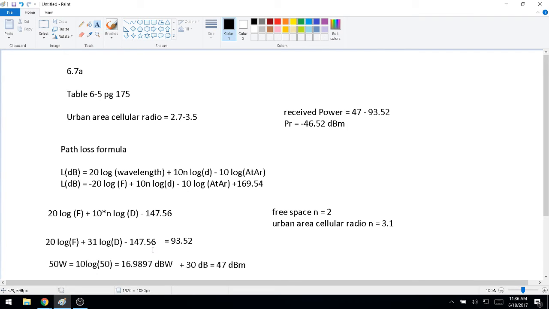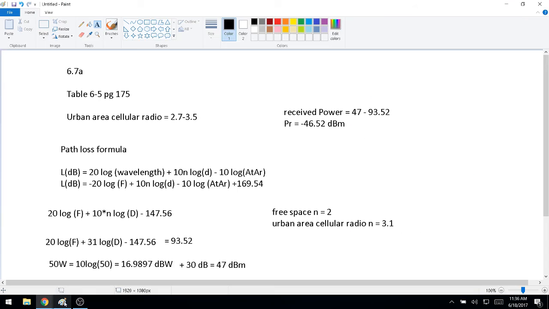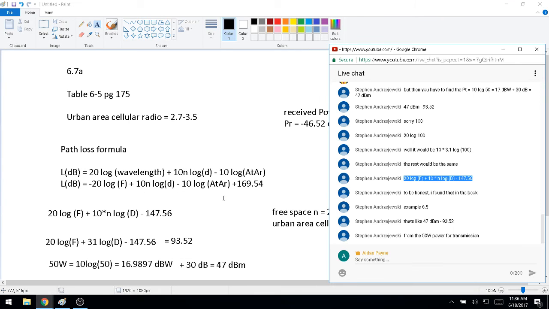And then part C is to repeat with a bigger distance, and then part D is to repeat but assume that you have an antenna gain of 2. But both of those are fairly handleable now that you've done it once.